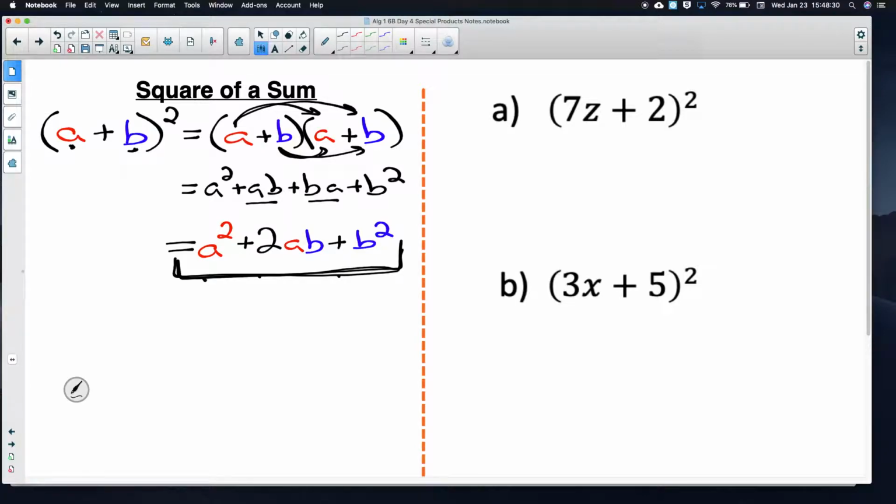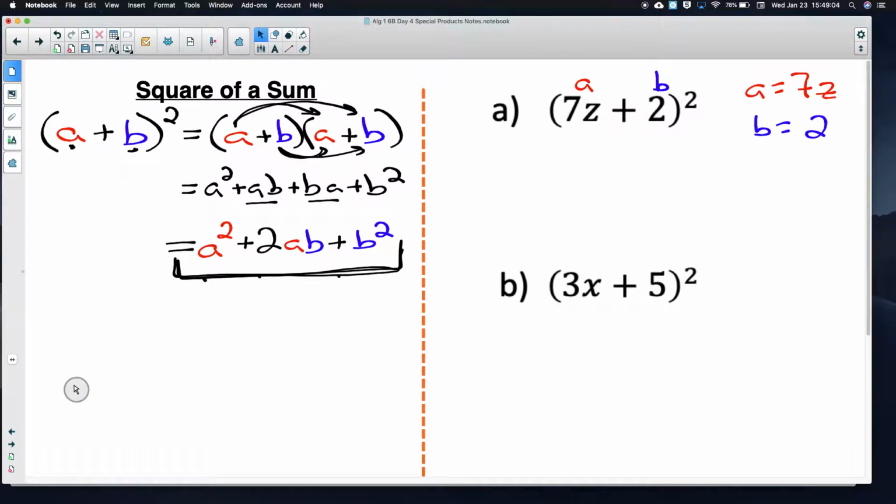So let us look at that a little bit further, in a couple of examples. If I've got 7z plus 2 squared, what am I going to do there? Well, I'm going to label each of these A and B. So A is equal to 7z and B is equal to 2.